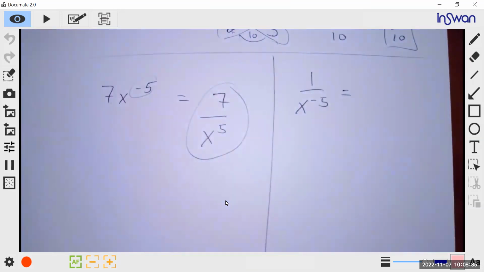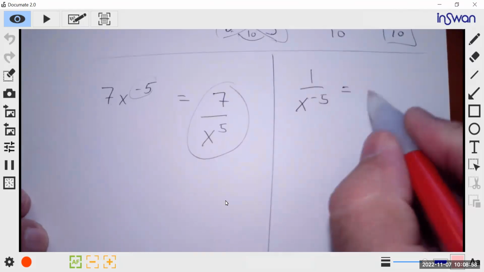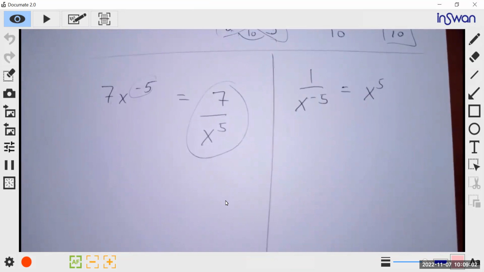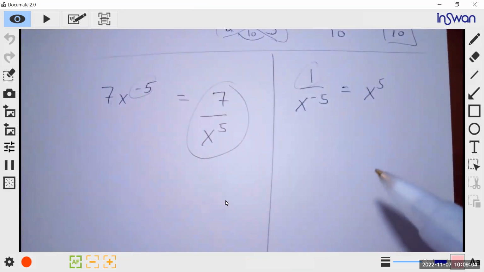How about that one? That one doesn't do anything, it just stays up there. So this one goes on top.